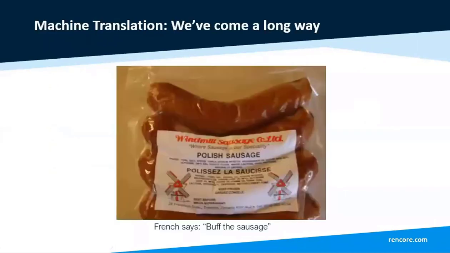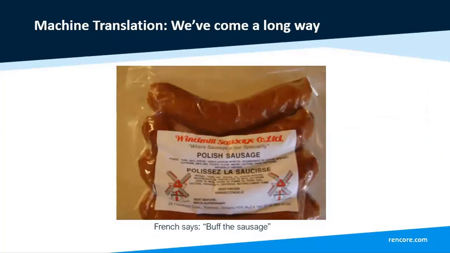Let's move on in the last couple of minutes to machine translation. And I'll tell you a bit about the state of the art. So this is a package of sausages I found a couple of years ago, obviously machine translated. In English, it says Polish sausage. In French, it says polisser la saucisse, which means buff the sausage. The machine translation engine thought that it was polish the sausage and made that mistake.